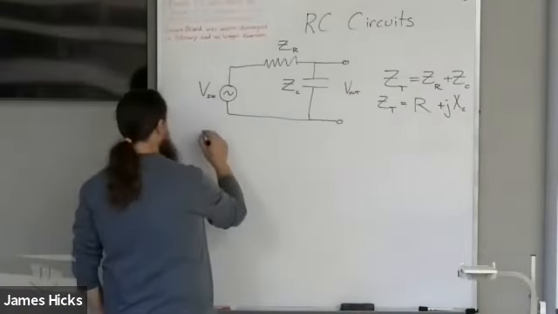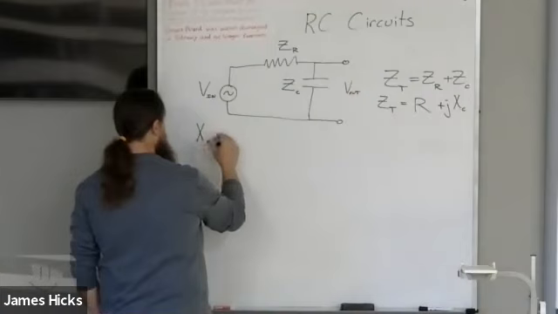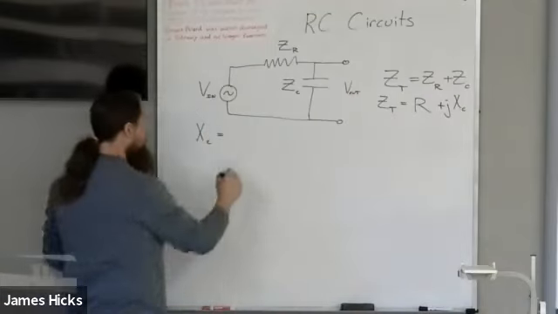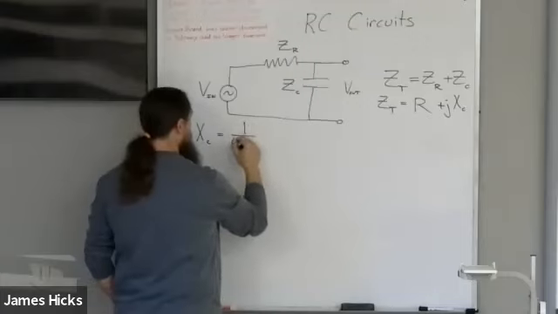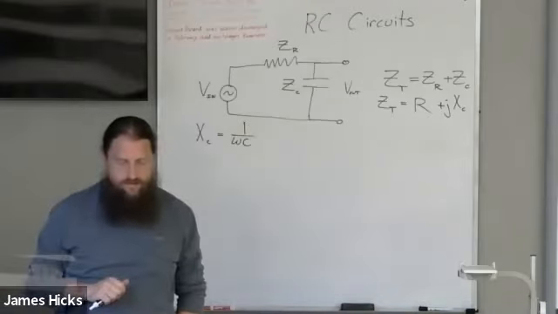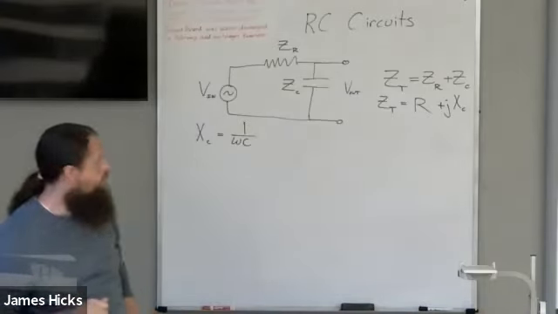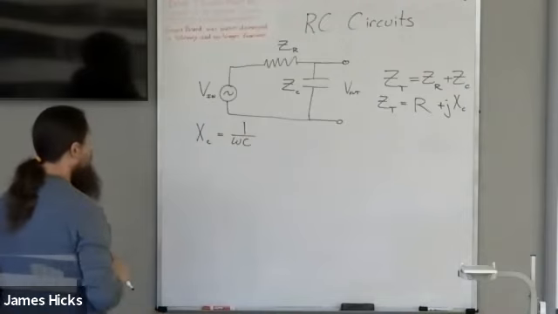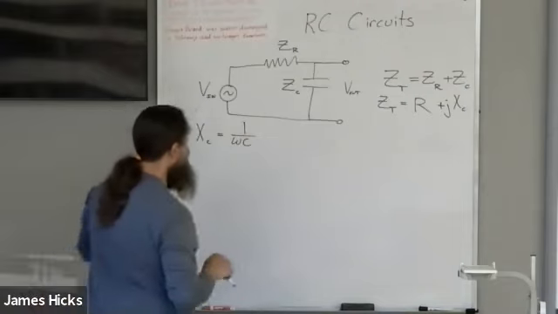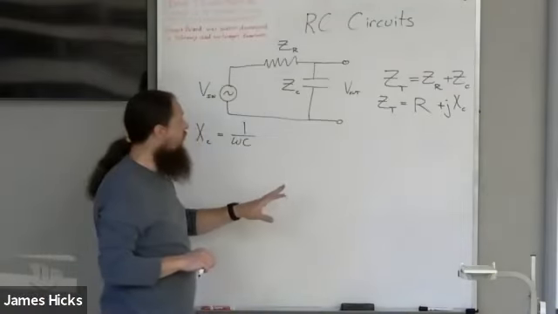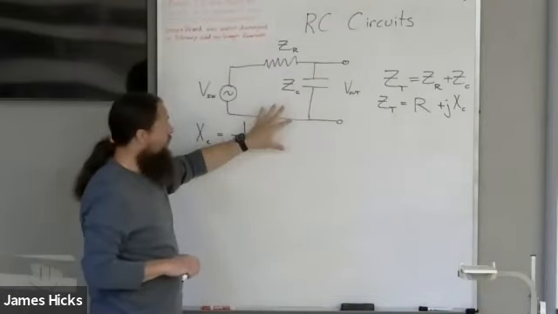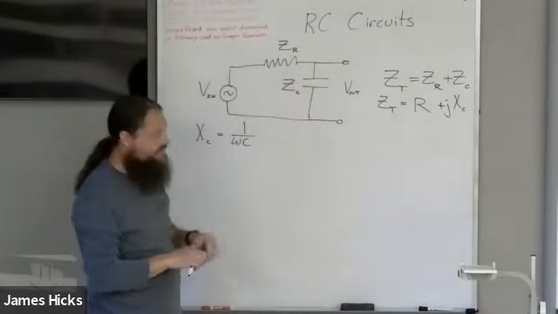Eventually we're going to get rid of reactance, but for now, remember that the reactance was 1 over omega C. So really what we're going to do is apply Ohm's law to this circuit.